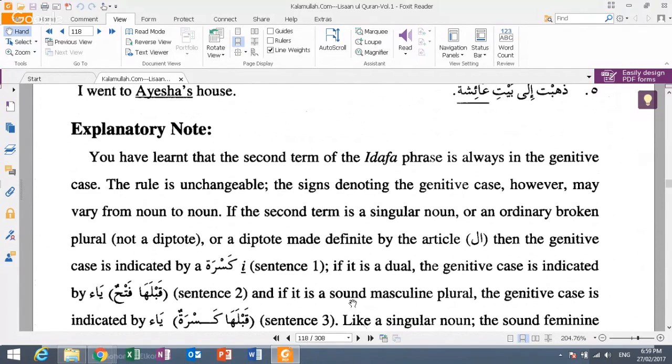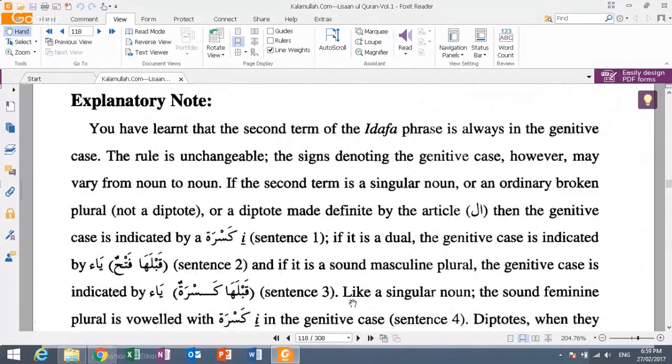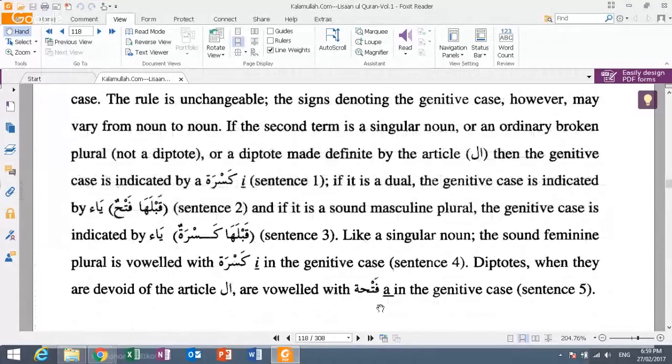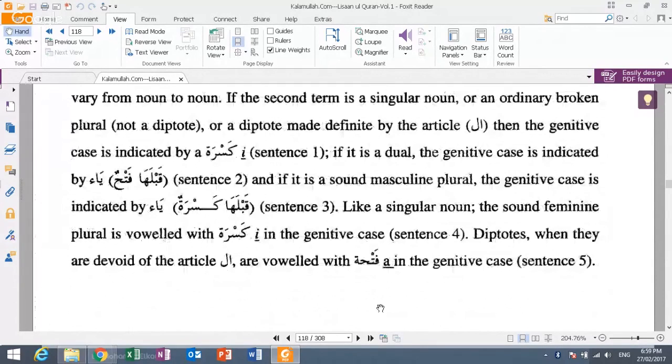Sentence 2, if it is a sound masculine plural, the genitive is indicated by ya and nun fatha. In sentence 3, like a singular noun, the sound feminine plural is voweled with kasra in the genitive case. Sentence 4, diptotes, when they are devoid of the article al, are voweled with fatha in the genitive case.